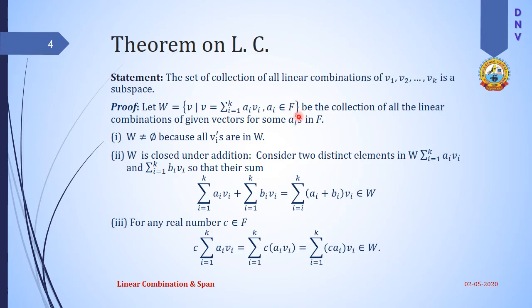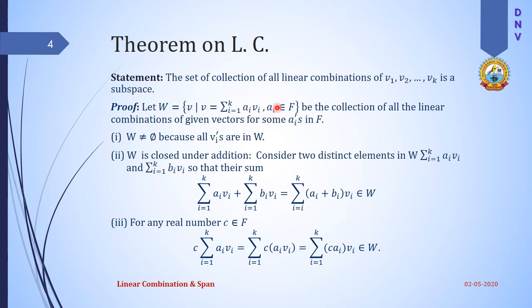So let us have a theorem on linear combination. The linear combination we have defined for the vectors v1, v2, ..., vk is not a wasted exercise, because if we make a collection of such linear combinations, the sum of ai vi where i runs from 1 to k, it means a vector v is equal to the sum of all these scalar multiplications of vi with ai.